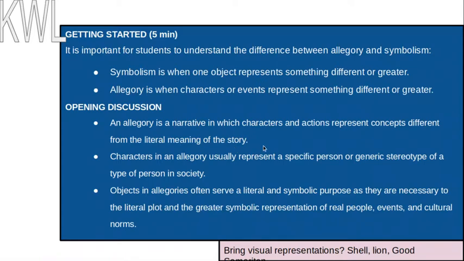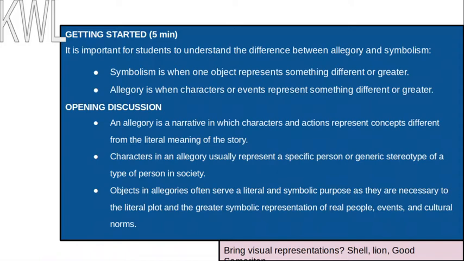So it's not just what they're saying or doing, which is literal, it's a deeper meaning beyond that. Characters in an allegory usually represent a specific person or generic stereotype of a type of person in society.